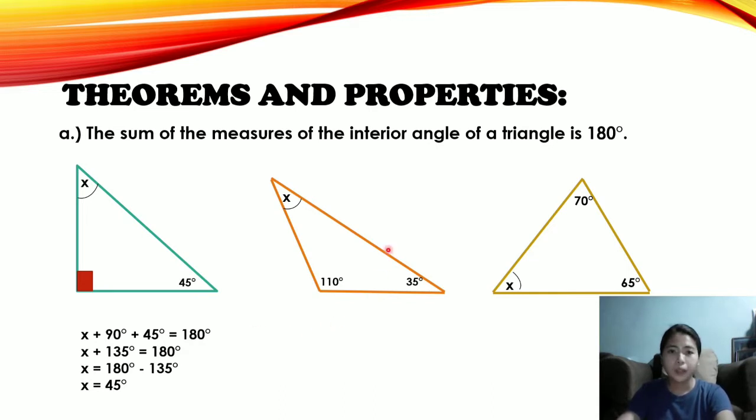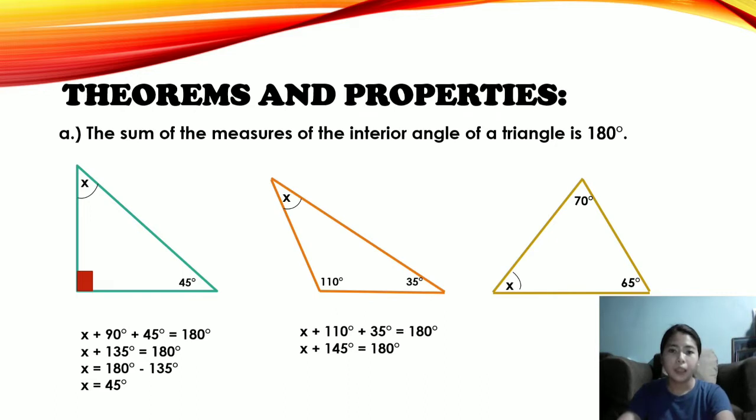Next, for the second example, we have the given 110 degrees and 35 degrees, and we will solve for x. So, x plus 110 degrees plus 35 degrees is equal to 180 degrees. Now, let's combine 110 degrees plus 35 degrees, and that is 145 degrees. So we have x plus 145 degrees is equal to 180 degrees.